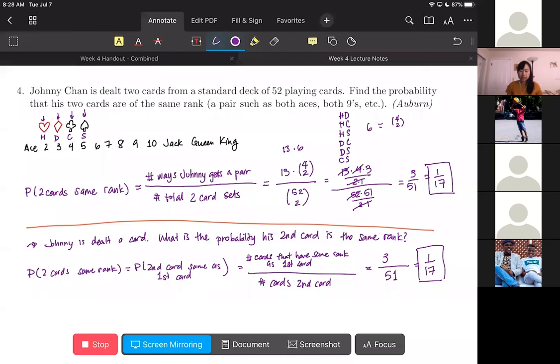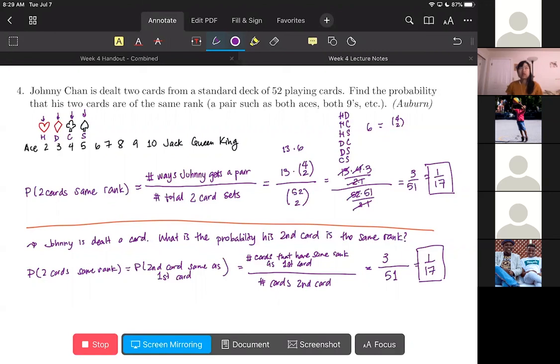So you're talking about the second solution we're discussing? The second one we just did, you said since he has dealt a card, you subtract 1 from the 52 to get 51. But in the first one, it says he has dealt 2 cards. So shouldn't we subtract 2 from 52 to get 50?